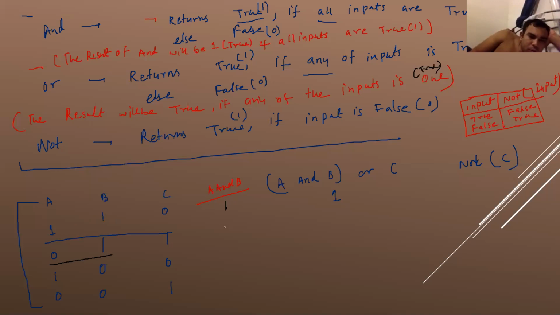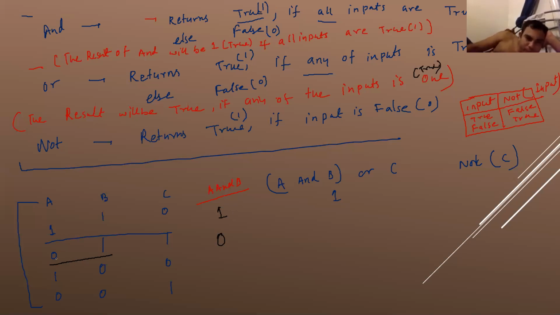1, 0. So what will be the result of A and B? Read the definition and give me the answer. It would be 0 because one of the inputs is 0. It will only be true if all the inputs are true, right?